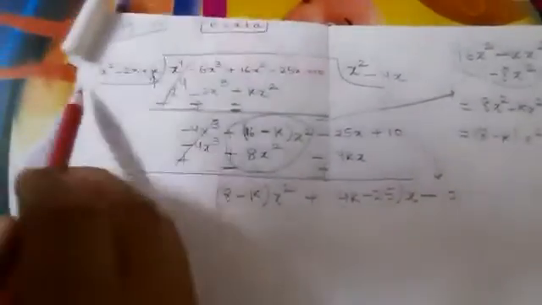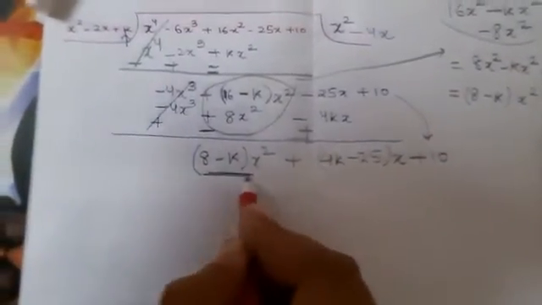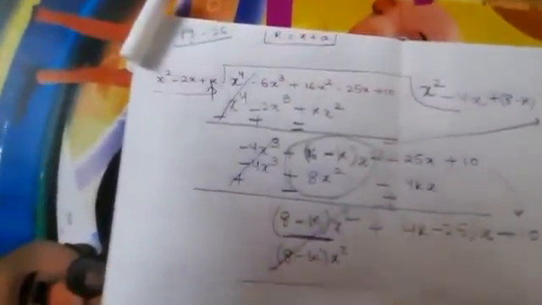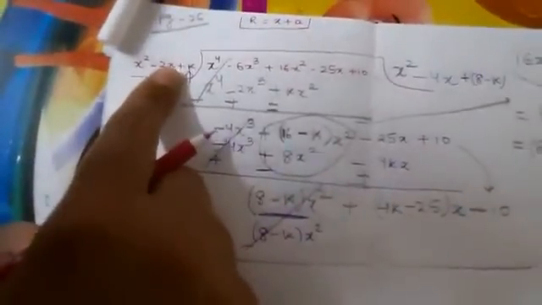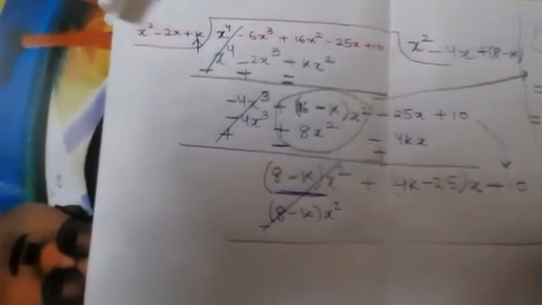Okay, beta. Now x square is there and you need 8 minus k x square. So x square will be multiplied by 8 minus k. So you will get 8 minus k x square. Change of sign, this will go. Now minus 2x into 8 minus k.